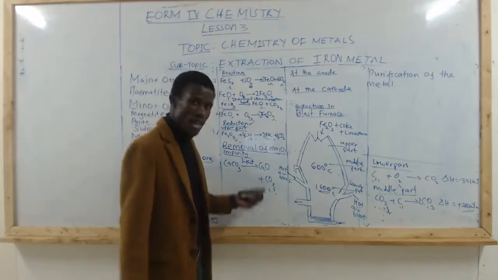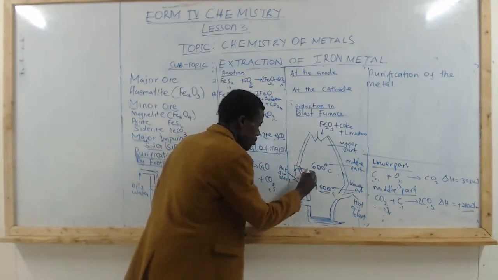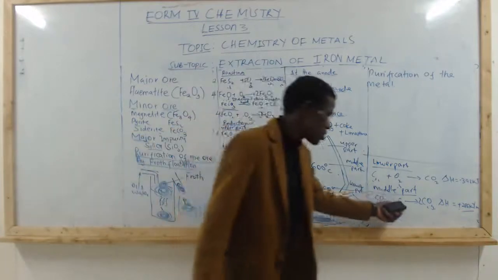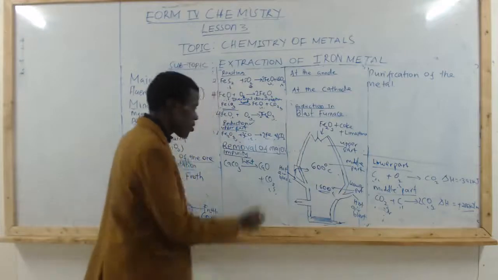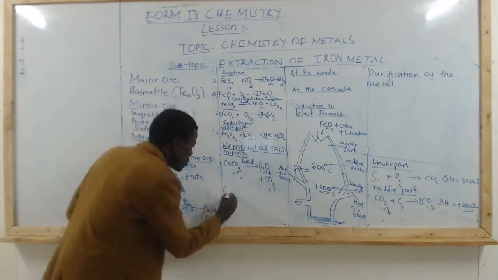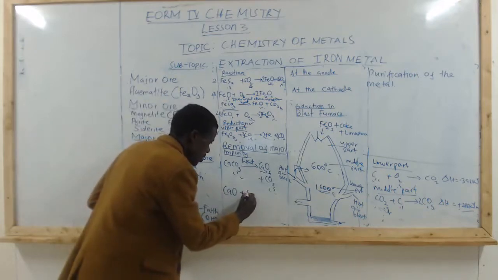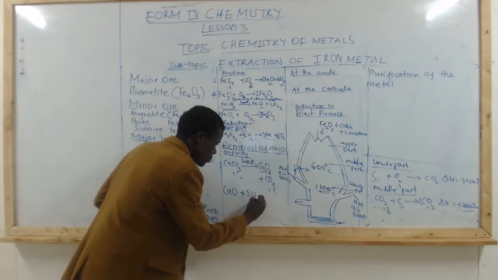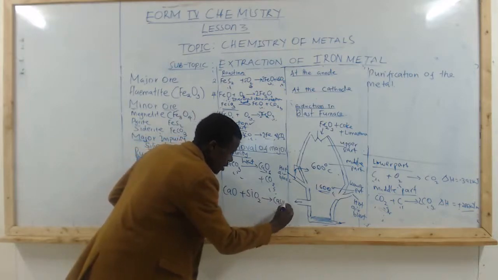Carbon 4 oxide gas is recycled back to the middle part where it is reduced to form carbon 2 oxide. Now this calcium oxide is used to remove the impurity known as silica in form of calcium silicate.